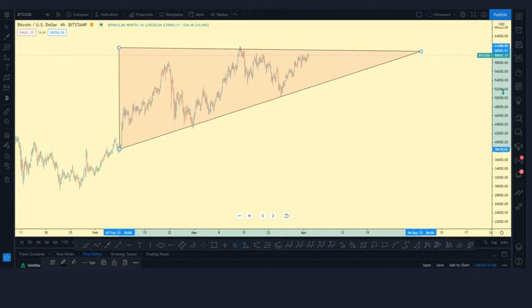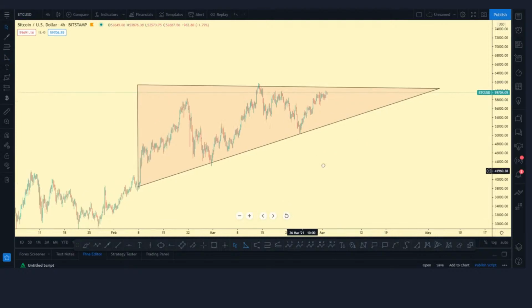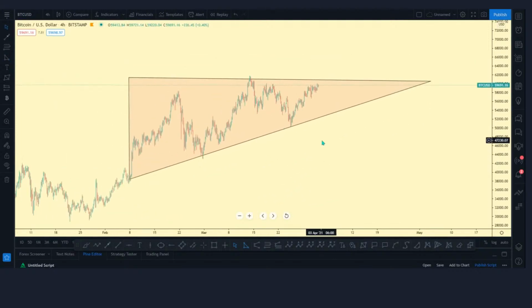Okay, guys, as a bigger view. This was not the same area to break. It was a little bit higher, but that's okay.